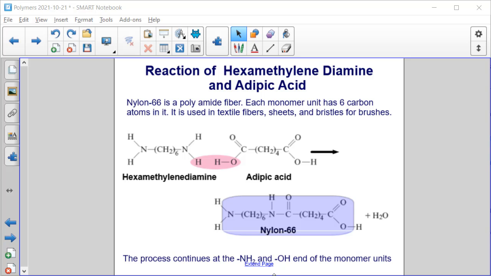Now, if you notice here, we still have an amine group on one end and this carboxylic acid group on the other end, so that we could continue adding more and more monomers to make this polymer structure even larger.